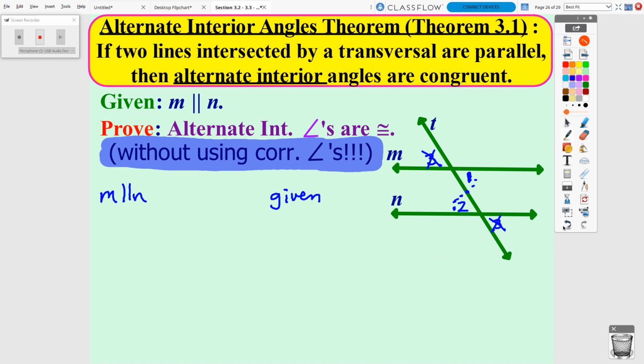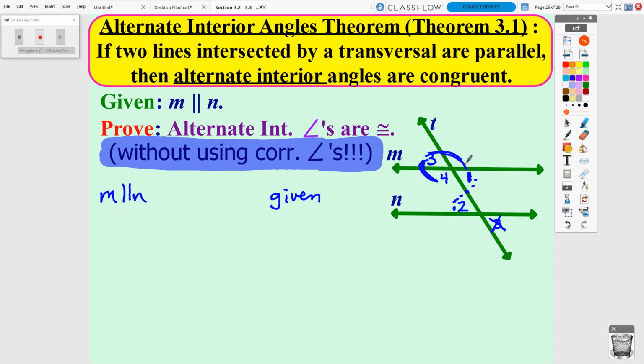All right. So is there some other route that we could go here? Honestly, I would say we could potentially use that as a connection. We wouldn't just be able to connect that angle directly to angle 2 because that would be a corresponding connection. So I will backtrack here, because I could say angles 1 and 3 are vertical to each other, and that's okay to talk about. And then maybe I put an angle 4 right here that's straight angle postulate with angle 3.